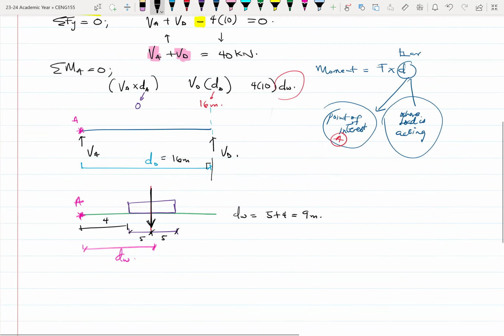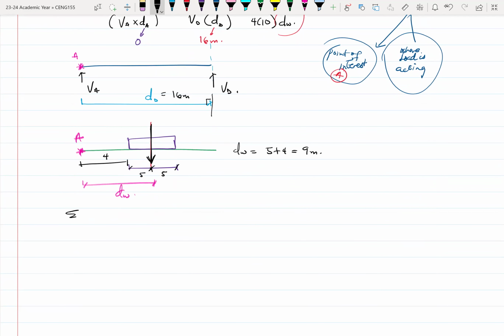Okay. So which means that the summation of moment at A will be equal to VA times 0, VD times 16, and then 4 times 10 times 9. Preferably, instead of writing 9, we prefer to write it this way. It's just a thing I do.